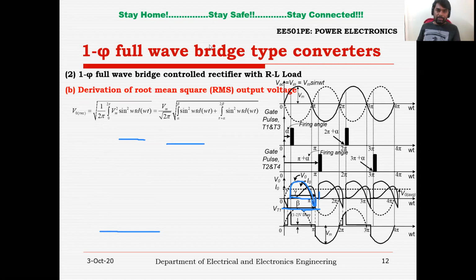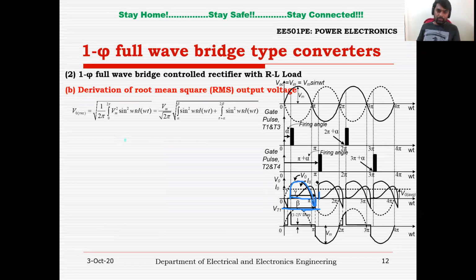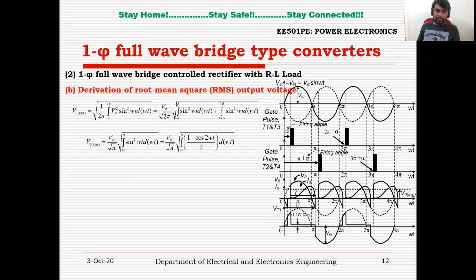Similarly, to derive the RMS output voltage, again, we need to focus on this waveform. So just now I have explained about this waveform. From alpha to beta, we are getting some voltage which may be positive or negative, but which is varying with respect to Vm sin omega t. So Vm by under root pi, alpha to beta, Vm square sin square omega t, right? That I need to write. I have taken Vm square out of the root.